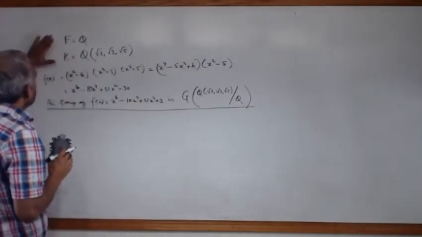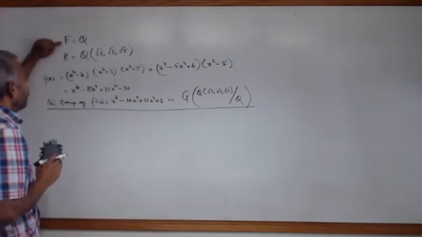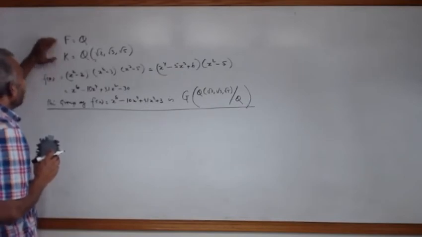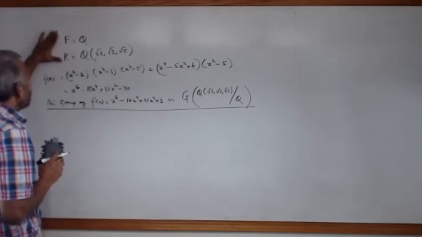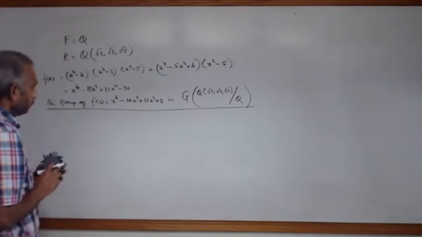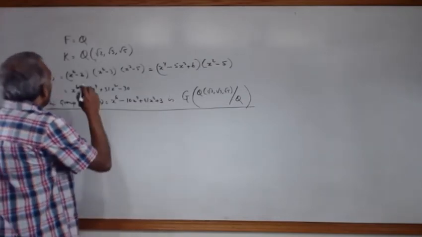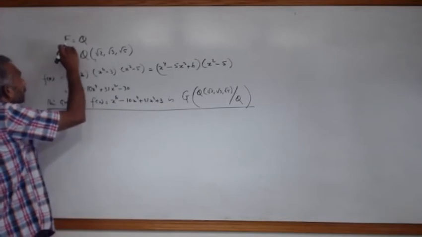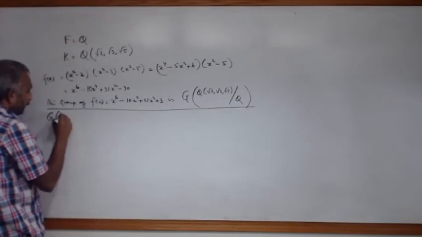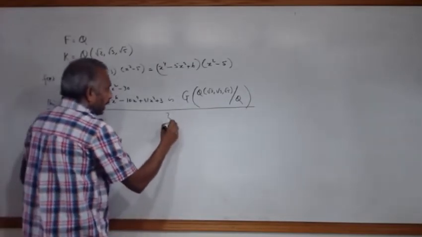We are going to describe all the extensions of F ending at K, and we are going to describe all the groups and subgroups of the Galois group K over F. So let us start with the Galois group. G of K over F is equal to all automorphisms on K leaving F fixed.